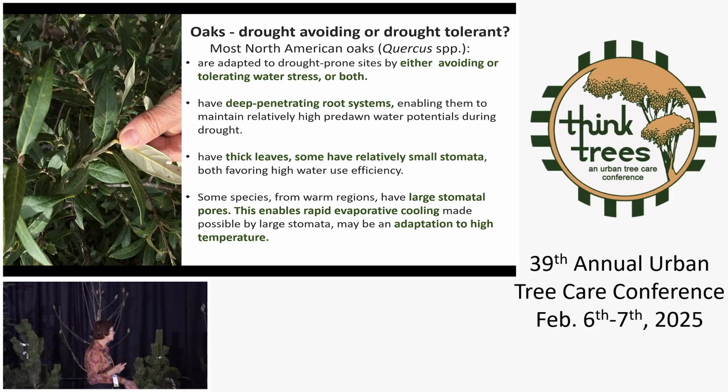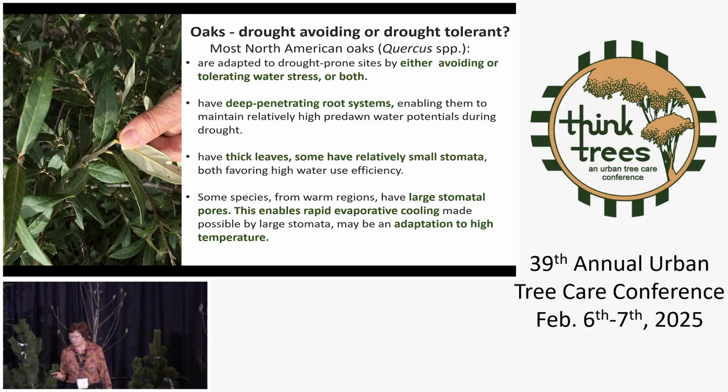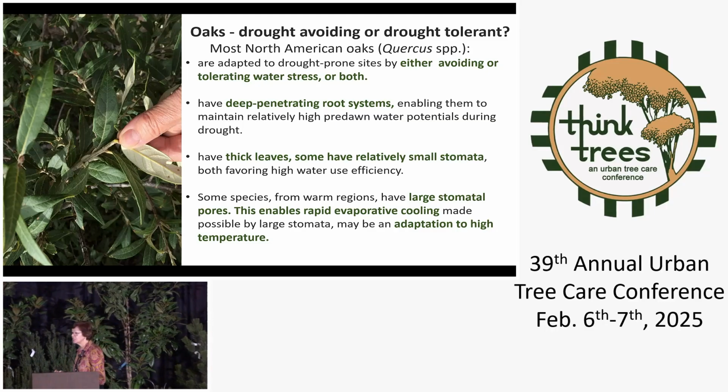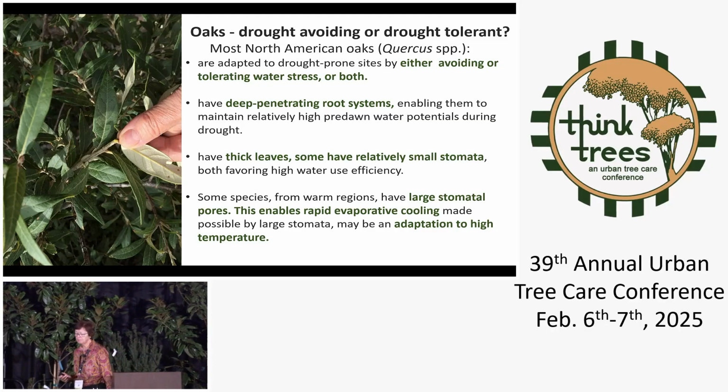It slows down the water loss, so they have very high water use efficiency. And then some of the species from the warmer regions have large stomatal pores, and that enables rapid transpiration so that they can actually cool the leaves, keep them cool.